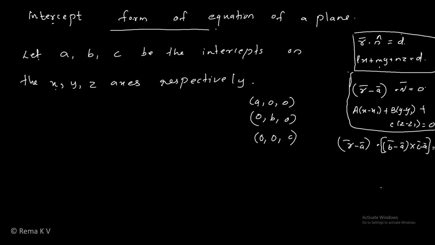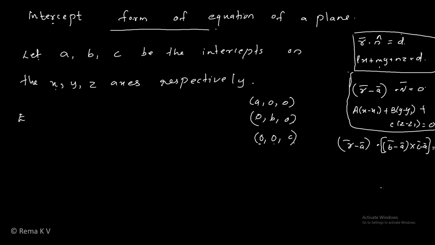Okay, the plane intersects the x-axis at a, 0, 0. So the x-intercept is a. Intersecting the y-axis at 0, b, 0. So the y-intercept is b. Intersecting the z-axis at 0, 0, c. That means the z-intercept is c.